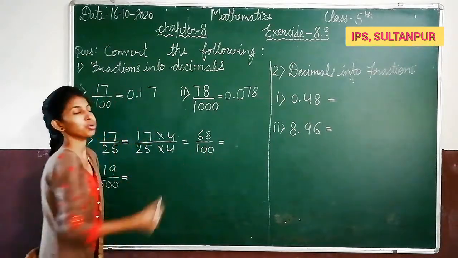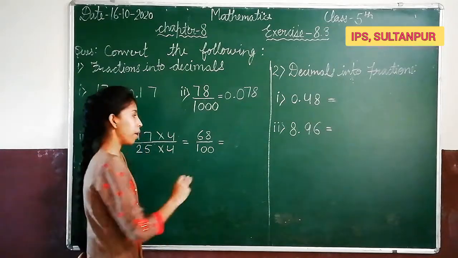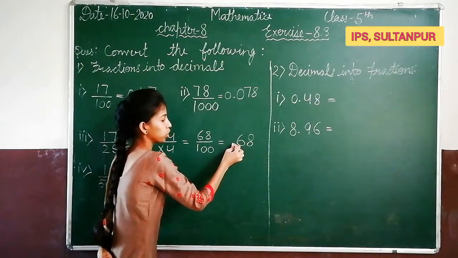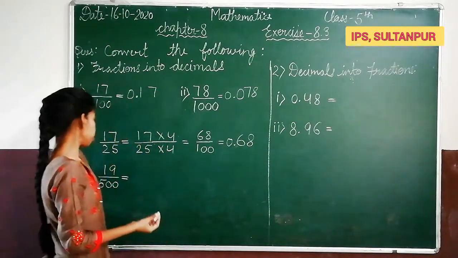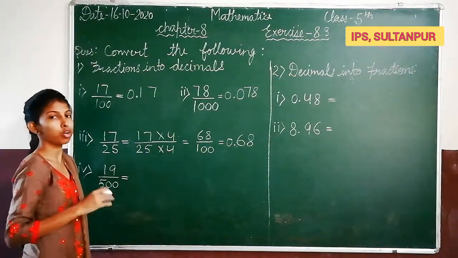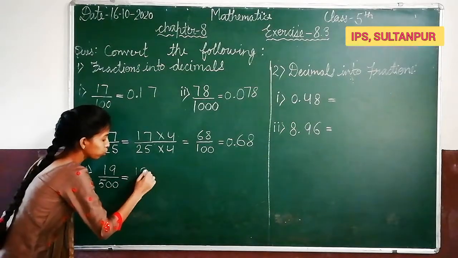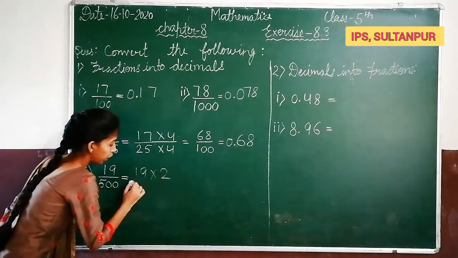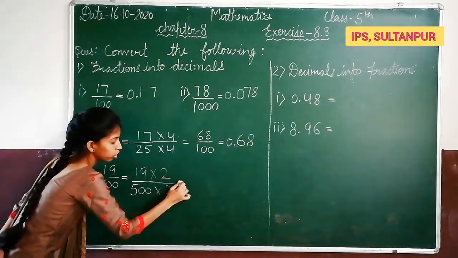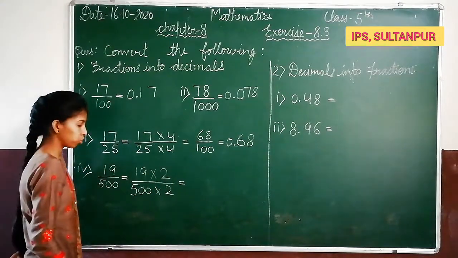Now there are 2 zeros in this denominator. We will put the decimal after 2 digits from the back side. So we will put the decimal after 1, 2 digits and we will put a 0 here. Similarly we will do this question. For making this denominator a multiple of 10, we will multiply this 500 by 2. So 19 multiplied by 2 and 500 multiplied by 2, because we always multiply on both sides, the numerator and denominator of the fraction.